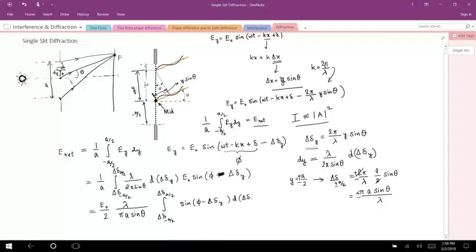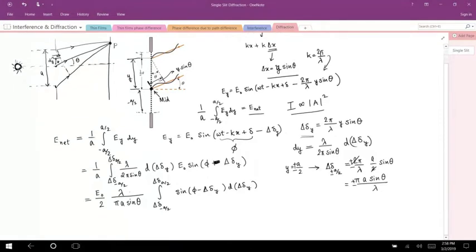Now, the reason why I grouped the constant stuff in front of the integral the way I did: pi a sine theta over lambda is exactly delta delta of a over 2. Because of that, I made this grouping so that I could just replace this by a constant. So let's rewrite that.